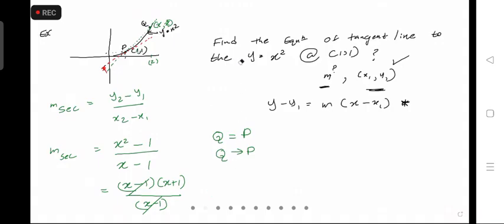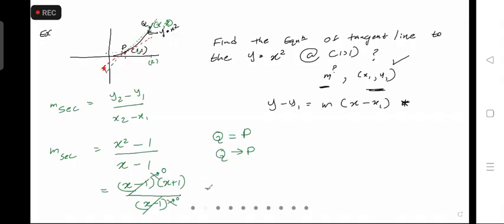But we cannot bring the Q point onto P. That means we never bring Q onto P. Under that assumption, these two factors will not go to 0, right?